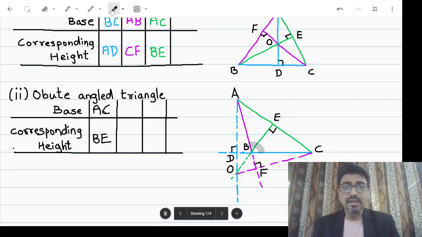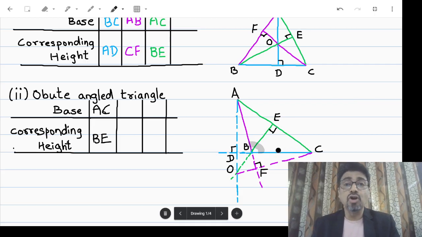Now students, pay very careful attention for the other two bases. When I consider the base BC and I try to draw a perpendicular from opposite vertex A, it is going outside BC because it's an obtuse angled triangle. So what I do is I extend the side BC towards the point B and draw the perpendicular AD meeting the extended BC at point D. So I will say AD is the corresponding height for the side BC.